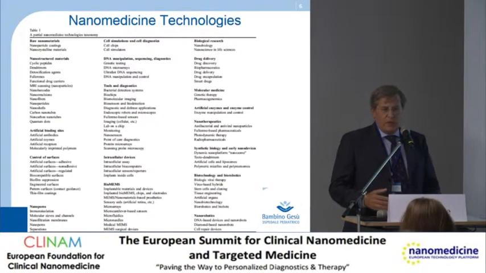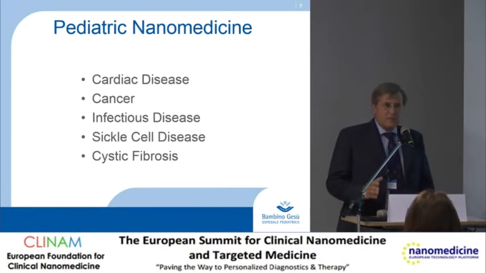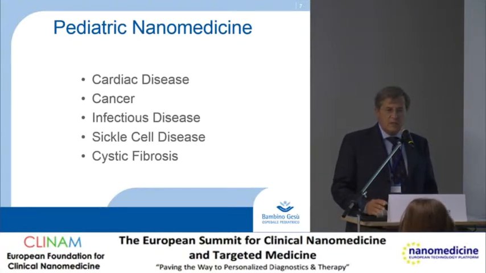There is a lot of research going on in nanomedicine and nanotechnologies, but in pediatrics specifically, certain areas are addressed more than others: cardiac disease, cancer, infectious disease, sickle cell disease, and cystic fibrosis.